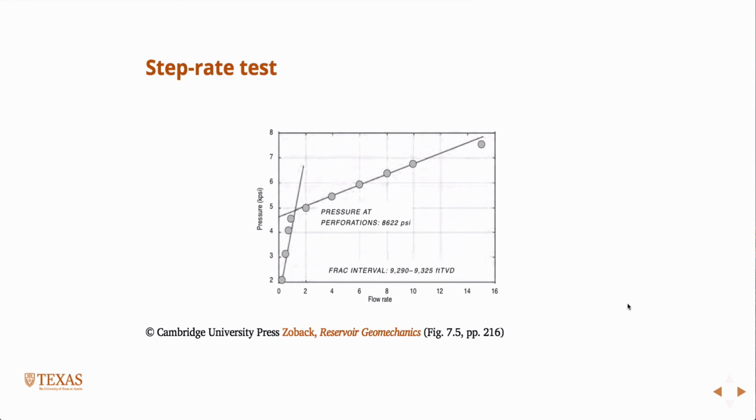And as you continue to do this over time, you'll get a distinct kink in this curve, and again, that's from the volume change associated with propagating a fracture away. And where those two curves meet would be your S3.